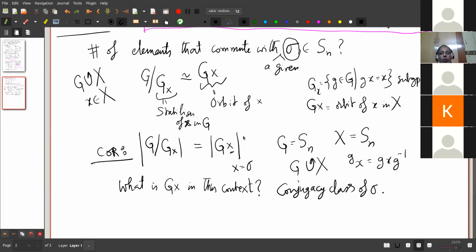Okay, so what is the cardinality of this? In other words, what are we counting here? This is the number of conjugates of sigma. So the number of conjugates of sigma, that's the left-hand side.